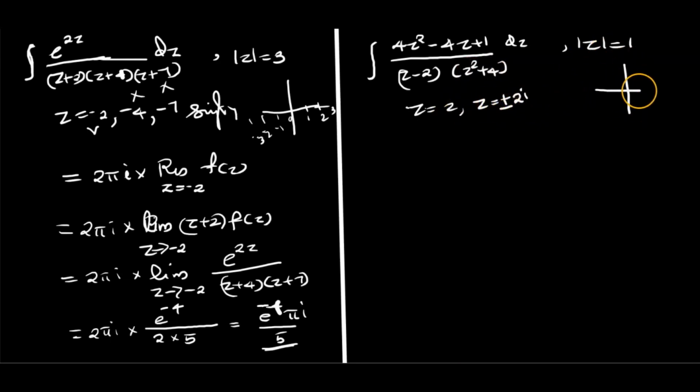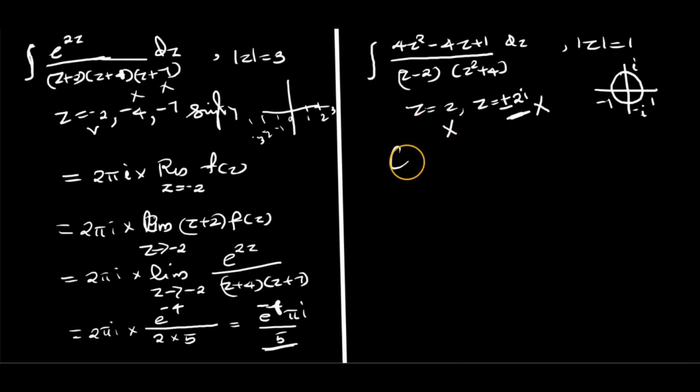And mod z equal to 1 means the unit circle. 0, 1, minus 1. This is i and this is minus i. Now 2i and minus 2i are not inside the circle. Also 2 is not inside the circle. So these singularities are outside the circle.